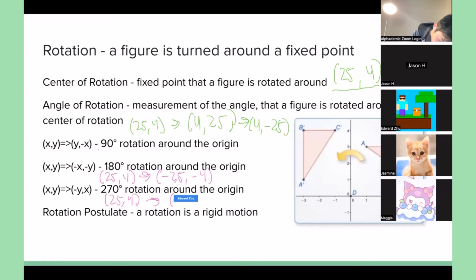So then we would get (4, 25). But we want to remember that the y value would become negative, so it would be (-4, 25). What questions do you guys have on this?